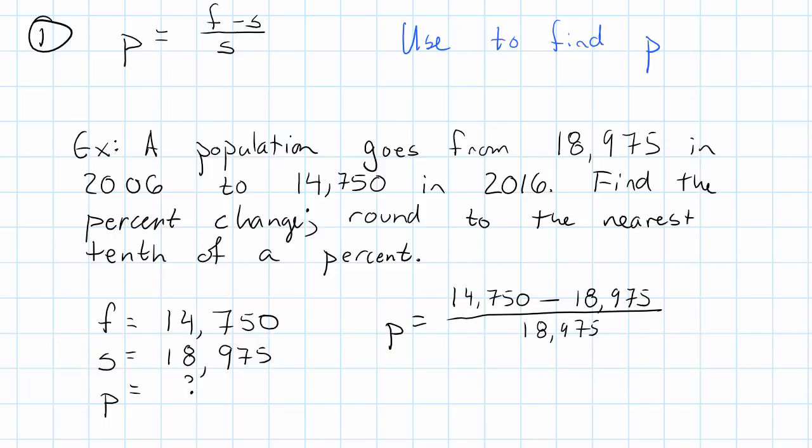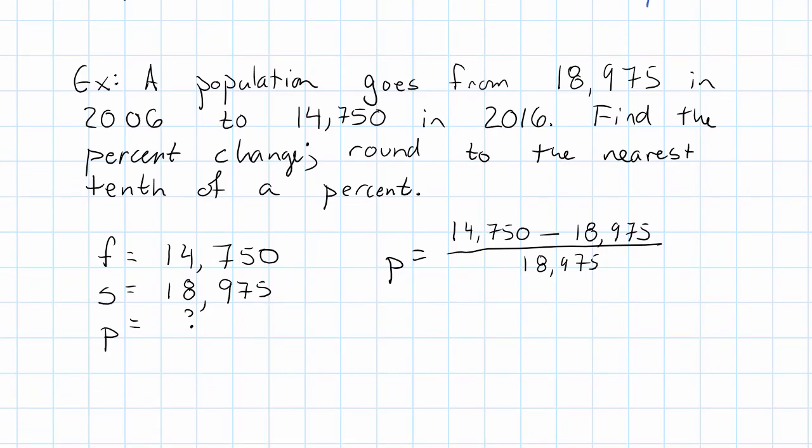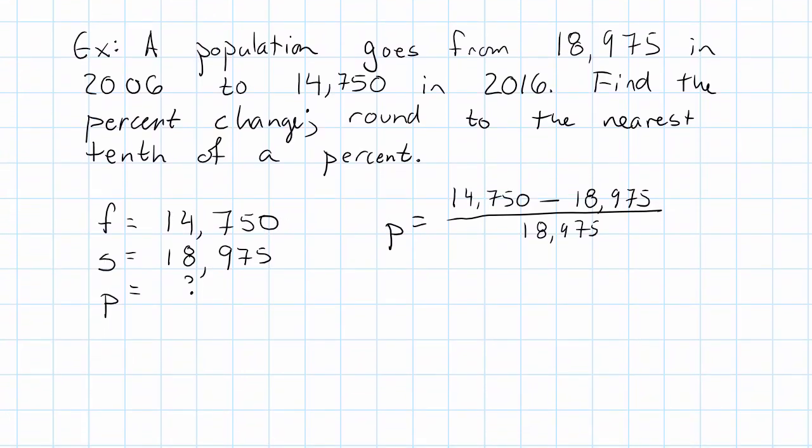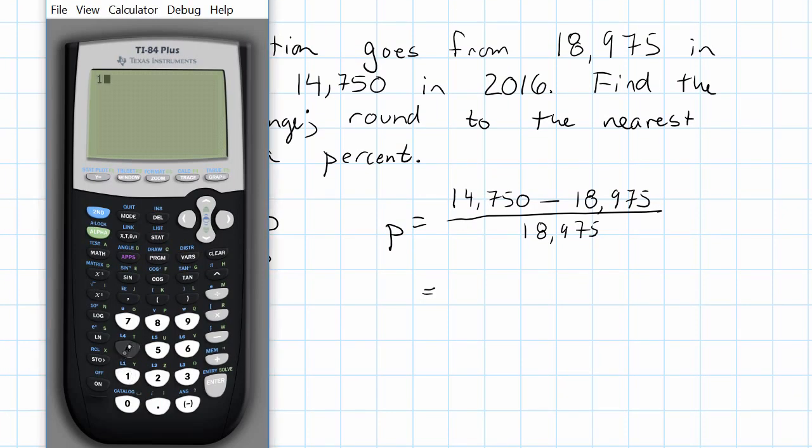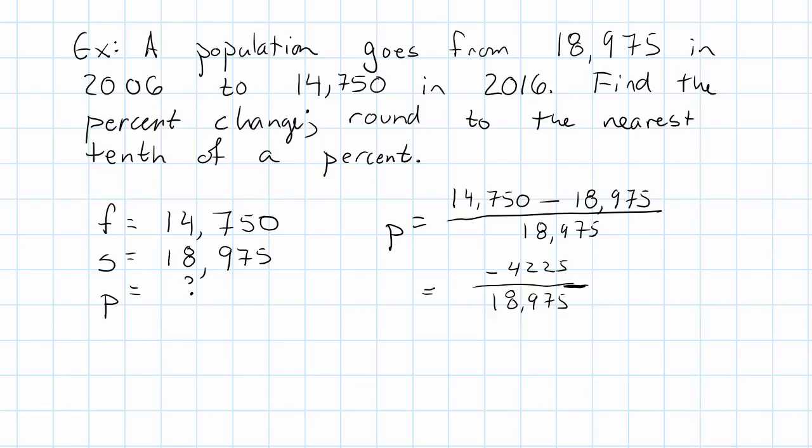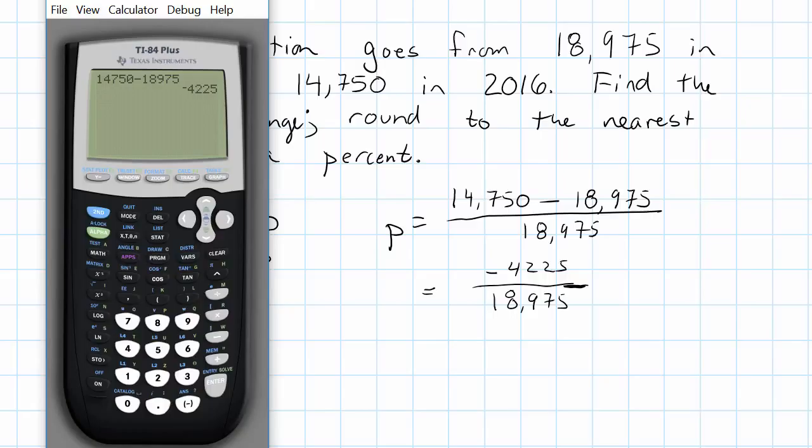Now this is absolutely arithmetic that I should use the calculator for. First I'm going to do the subtraction. 14,750 minus 18,975. I notice I got a negative number, which I expected. So I'll have negative 4,225 over 18,975.